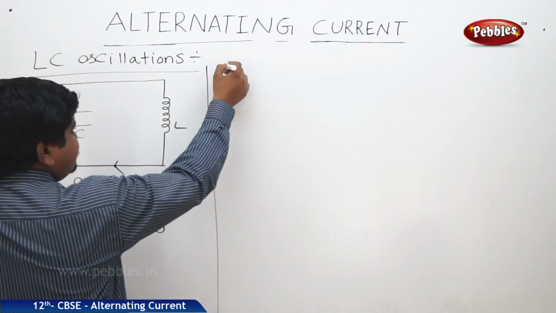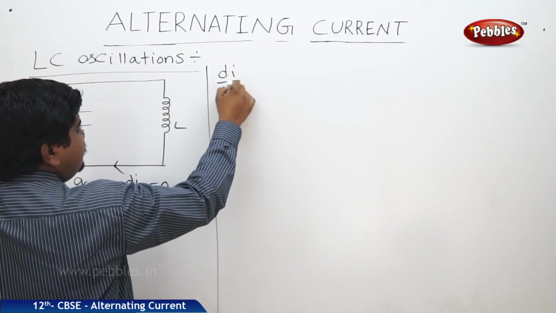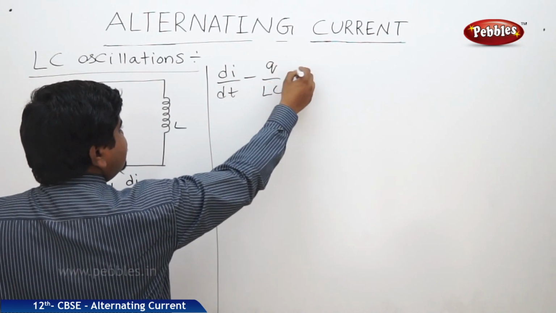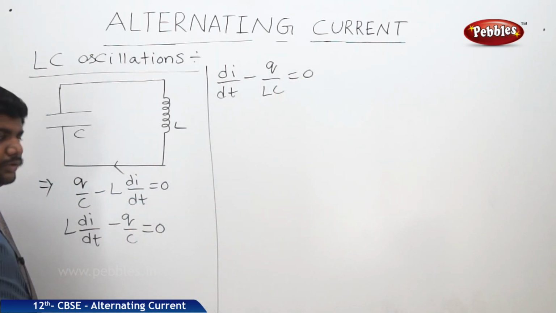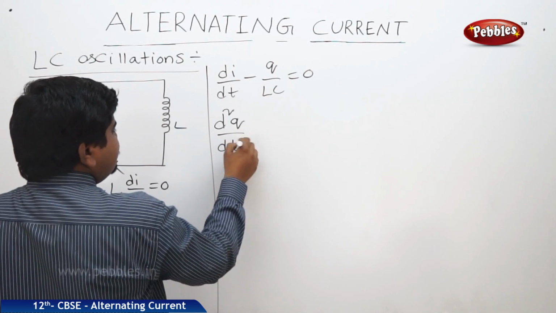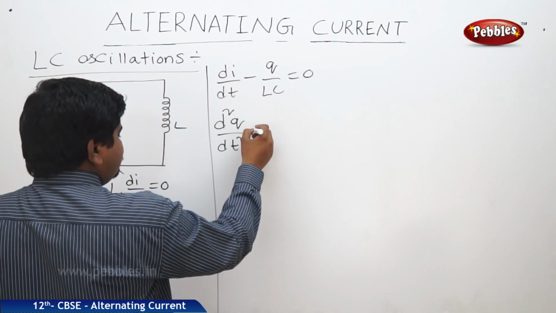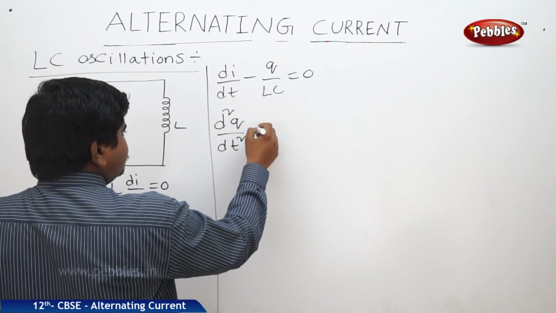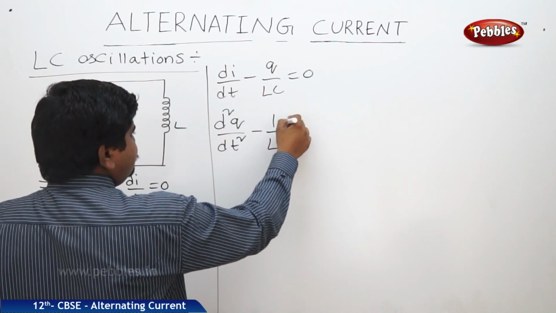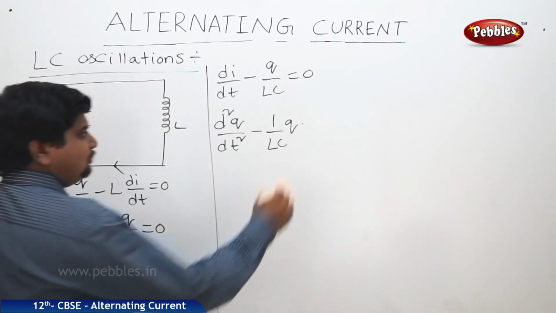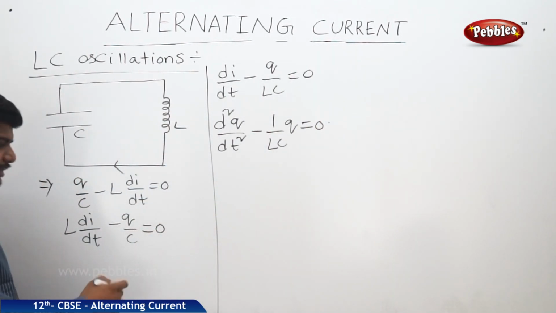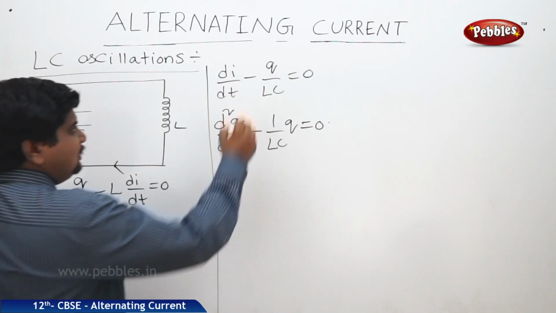Now, what can we understand? di/dt minus Q by LC equals 0. di/dt is d square Q by dt square, minus 1 by LC into Q equals 0. As the phase reverses, this minus will become plus, and here also plus.